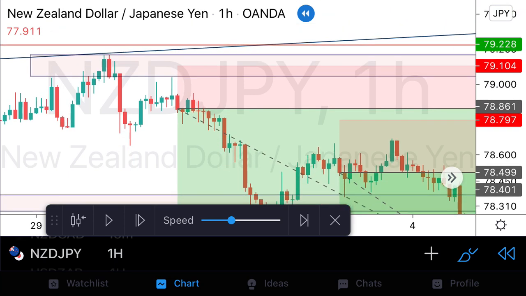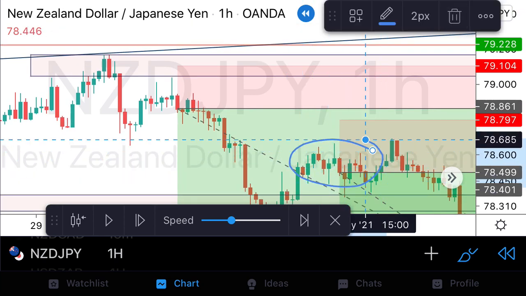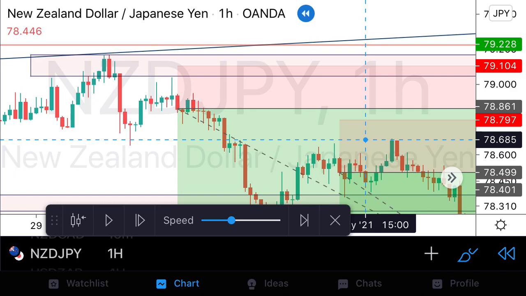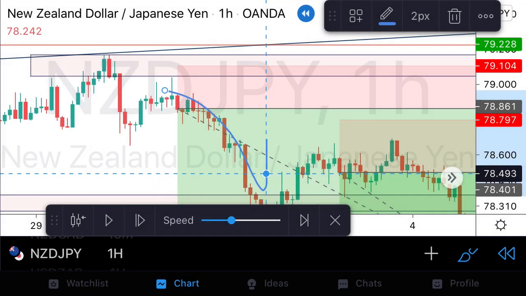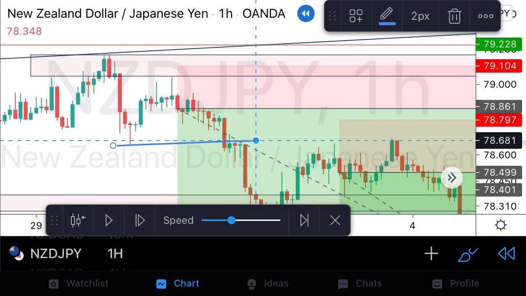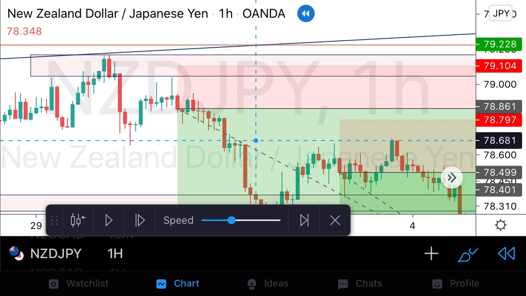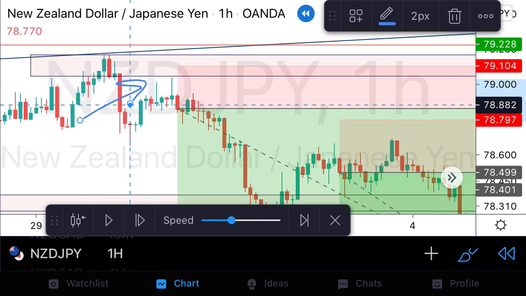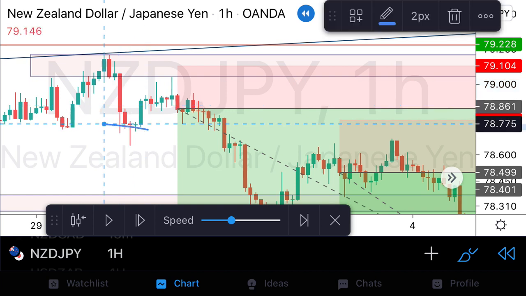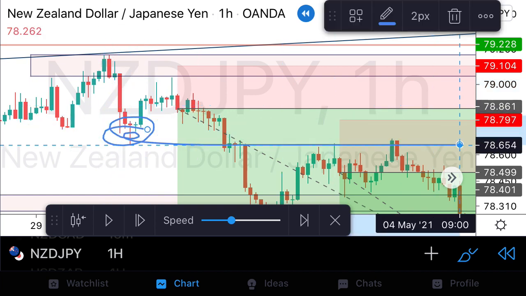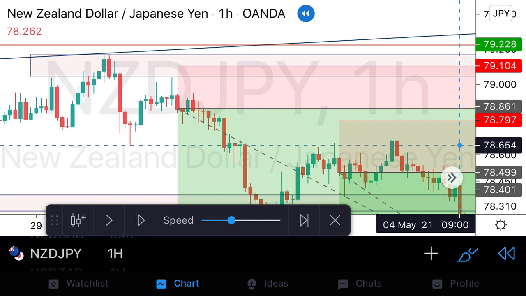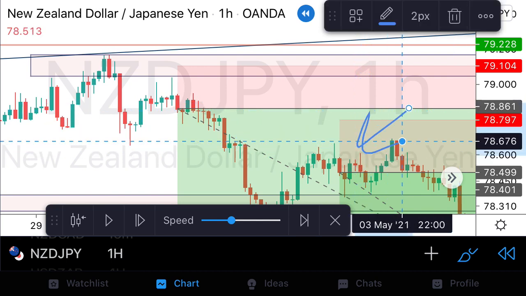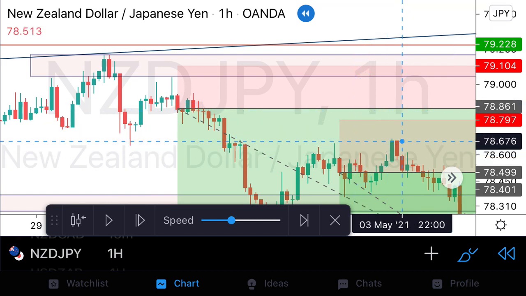And then we have a reduced risk entry, which is an entry that presents itself after the market has impulsed in our direction and then violated structure to the downside, because we're looking to trade to the downside as well. And the confirmations that we look for, all we're looking for is a rejection from a level of structure that the market has created itself, followed by a momentum shift in the form of some sort of bearish engulfing candlestick.